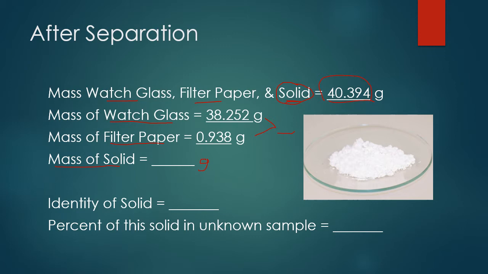So whatever component is insoluble in both water and HCl, that's the identity of this one. Once again, to figure out the percent of this solid, we need further calculations. So we will save this particular calculation for towards the end.